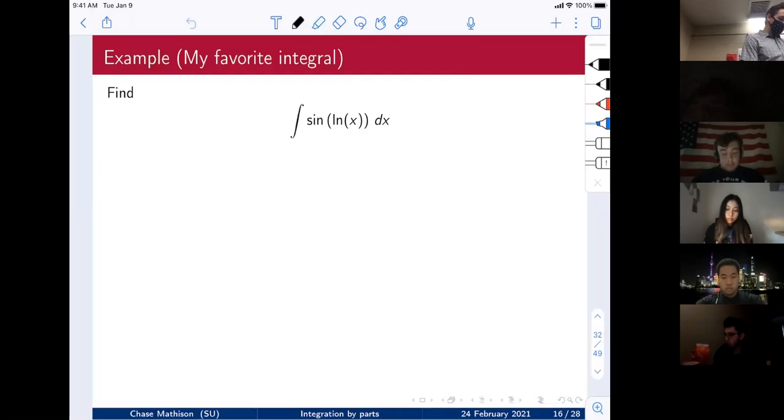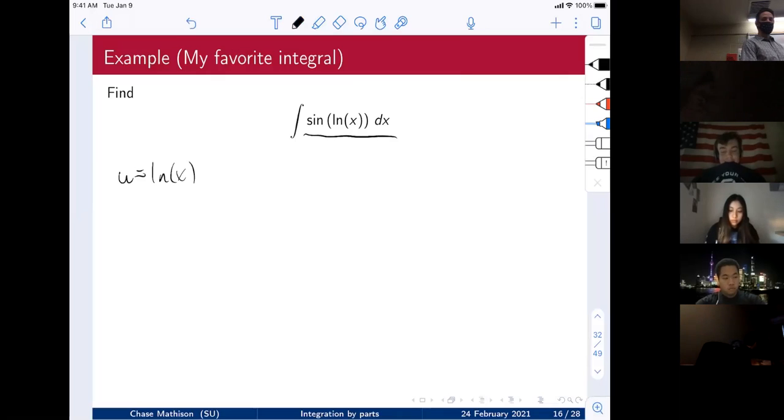If you tried looking at this right away, my first guess would be to use a u substitution. Use u equals natural log of x, and then du is 1 over x dx.